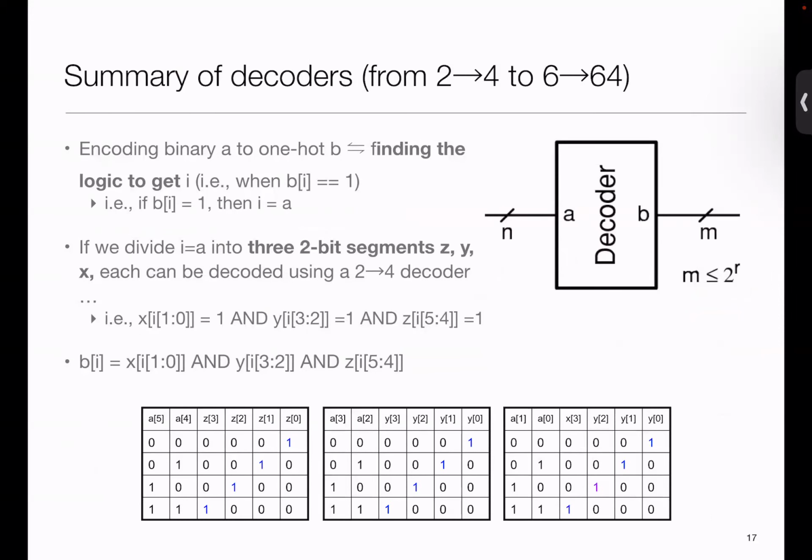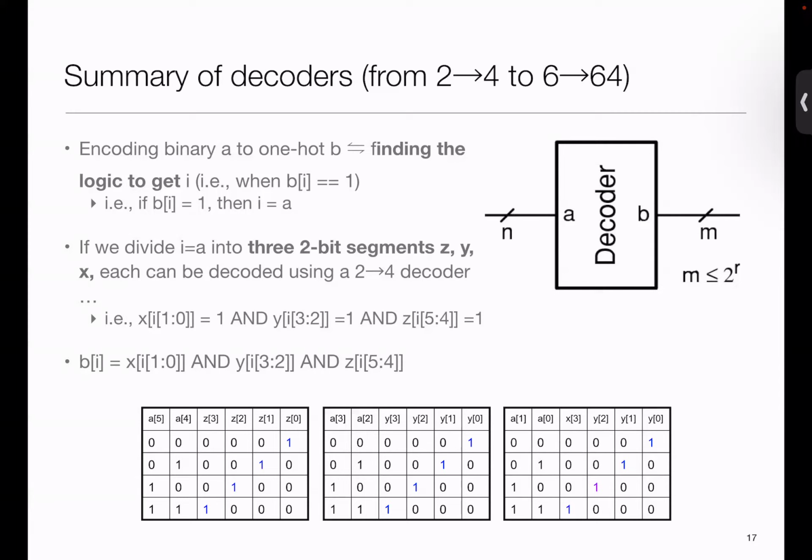So to summarize decoders, the idea is that you may be given smaller decoders and you can combine them to create bigger decoders. So if I give you, for example, a supply of 2 to 4 and 3 to 8 decoders, then I ask you, make a 5 to 32 decoder. Well, I could do it using 1 2 to 4 decoder and 1 3 to 8 decoder, because I'll take my 5-bit input and chop it up into one group of 2 and one group of 3.